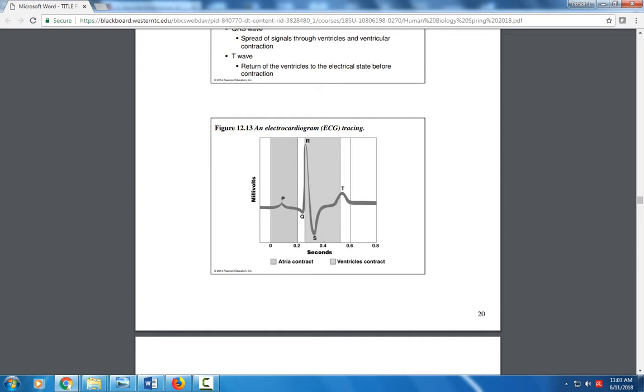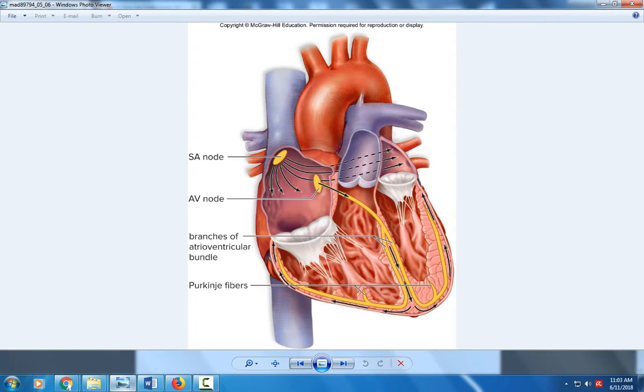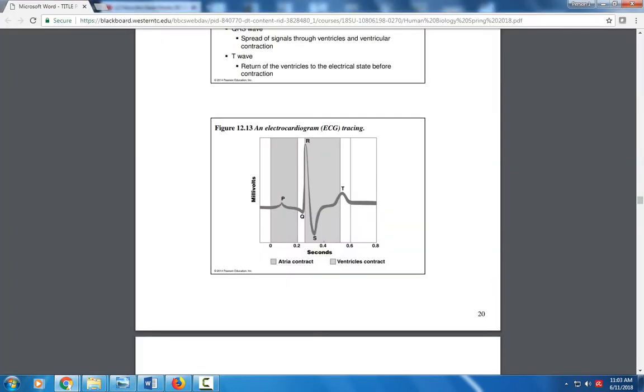So the atria contracting is the P, the QRS is the ventricles contracting, and the T wave is the ventricles relaxing. This is electrical activity occurring down that conduction pathway we talked about in this picture. If this conduction pathway is working properly, we're going to see this rhythm when we apply the patches to the surface of the skin over the chest, for this PQRST complex.